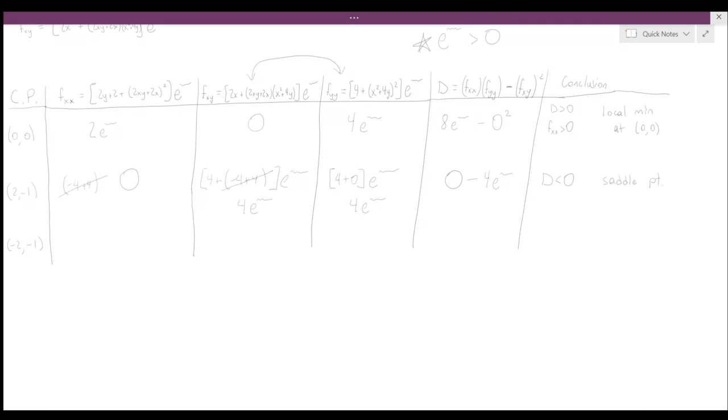All right, so then finally, let's plug in negative 2 for x and negative 1 for y into everything. So if we plug in negative 1 for y, again we're going to get negative 2 plus 2, which will get 0 for that first part. Okay, over here, if we plug in negative 2 for x and negative 1 for y, that's going to give me 4.